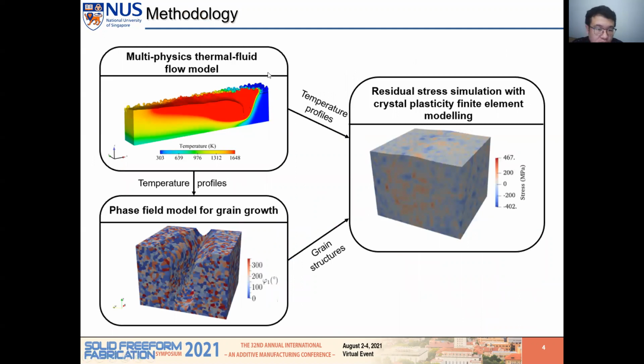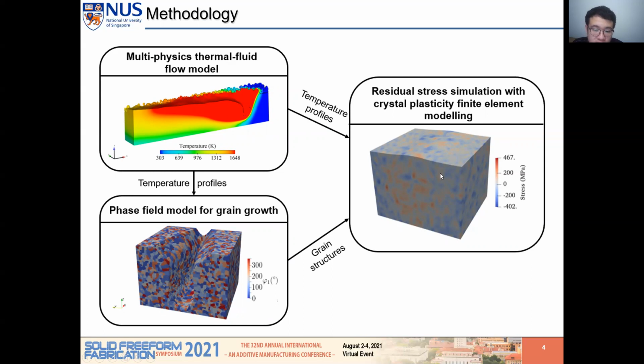This is the flowchart of our computational framework. Firstly, we get temperature profiles of LPBF by thermal fluid flow simulation and then apply them to the phase field model for grain growth. Then we use a crystal plasticity finite element model to simulate the residual stress with the obtained temperature profiles and grain structures.